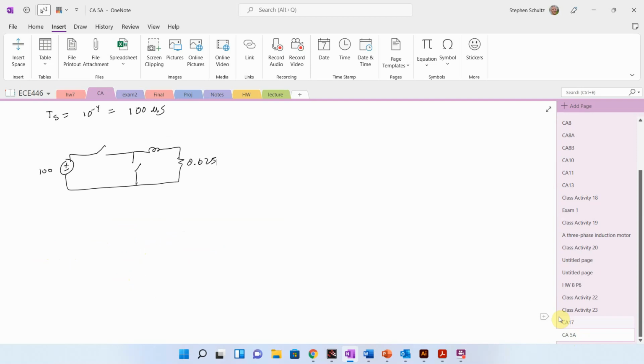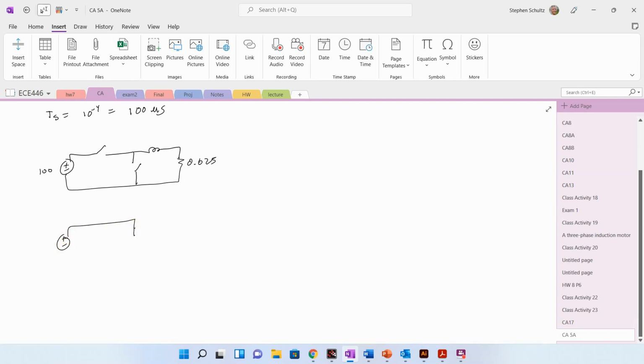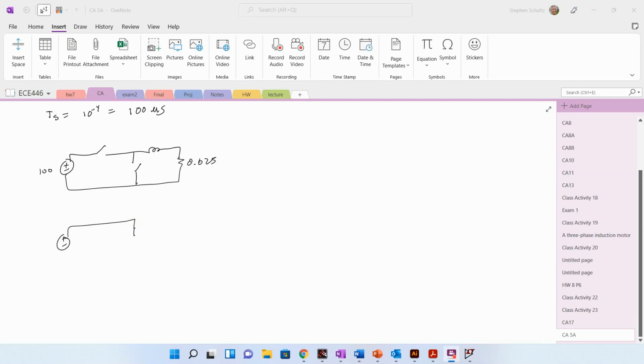Now, there are two different ways we can do the MOSFET: as a PMOS or as an NMOS. We're going to start with a PMOS. So here is our PMOS.